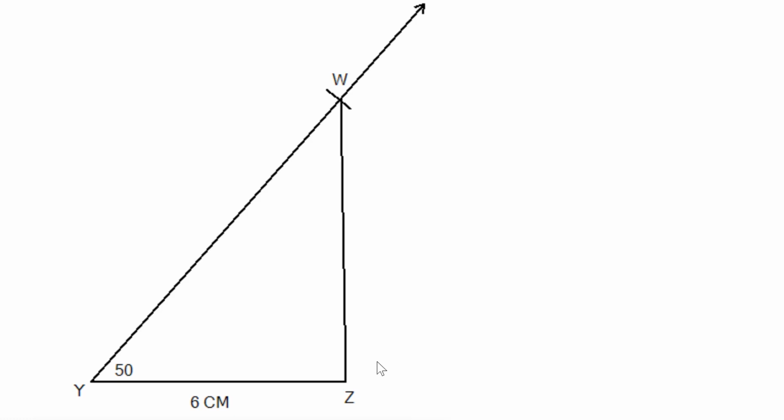Okay, now what is the second last step? Perpendicular bisector of WZ intersecting YW at point X. So to construct the perpendicular bisector, consider Z as center and with a suitable radius. I'll consider radius as 5, but you can consider any radius greater than half of WZ.